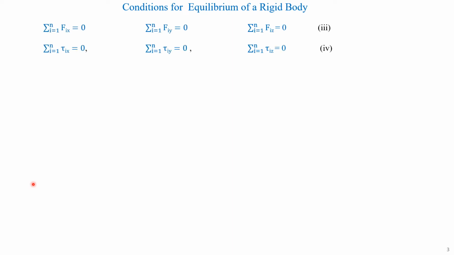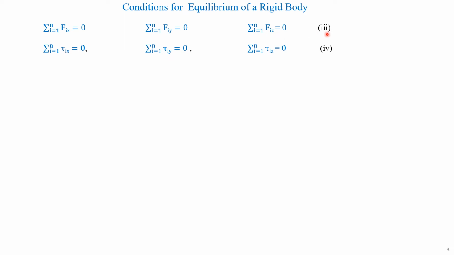Equations 3 and 4 of the previous slide are repeated here. That is, sigma i equals 1 to n of Fix equal to 0, sigma i equals 1 to n of Fiy equal to 0, and sigma i equals 1 to n of Fiz equal to 0.